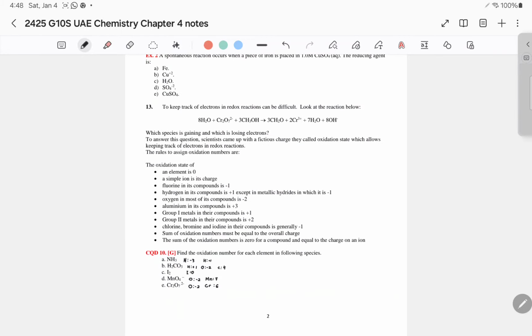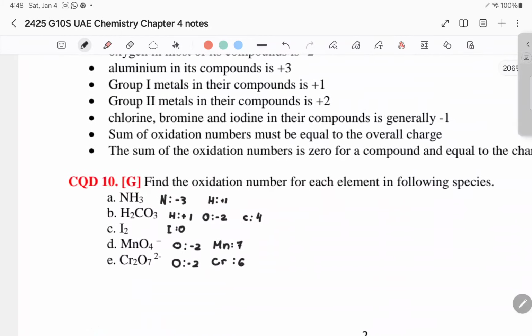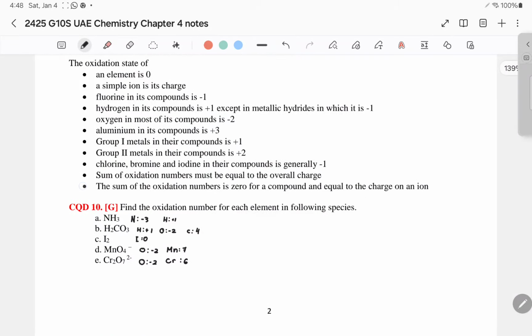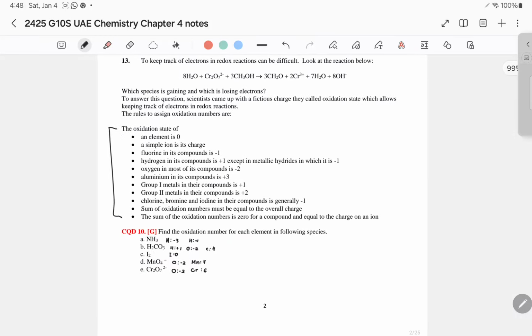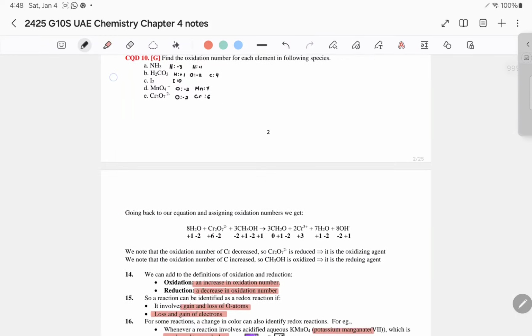Now, I'm going to start with the CQDs. First of all, we need to know this paragraph if you want to solve anything with oxidation numbers, but I have it in a table which I'm going to write down. I find it easier to memorize a table than the paragraph. So let me get the table and I'll write it down.